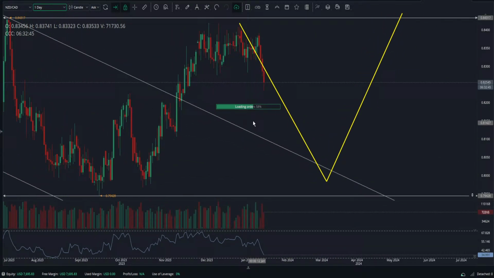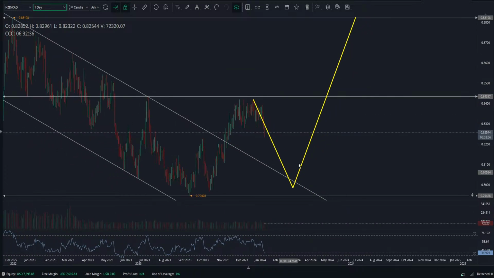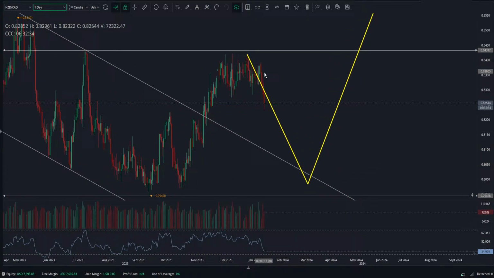So on the daily, yes, the price has started a down move, but this is the daily chart. Okay, it may continue for a week or maybe for 2 weeks, but if the price in this process starts trading below 0.7942, then it is a massive down break, I will say.